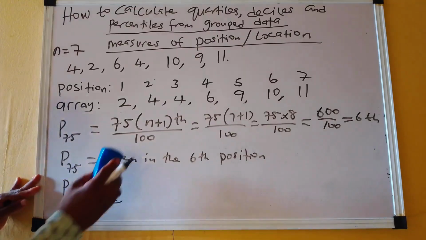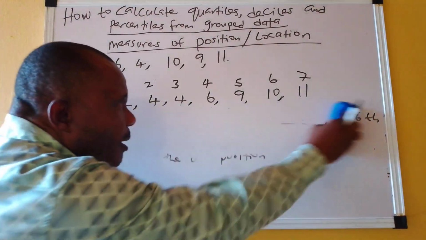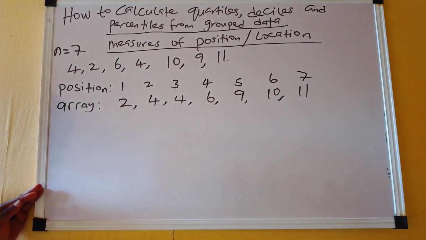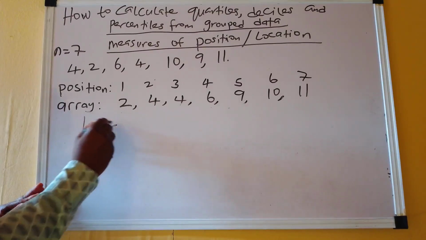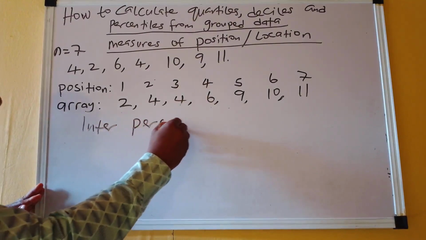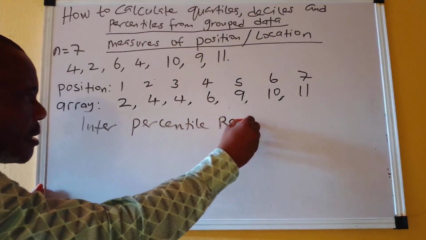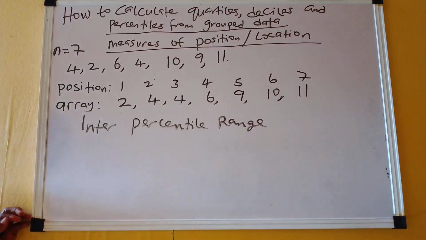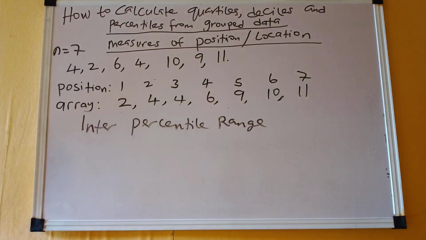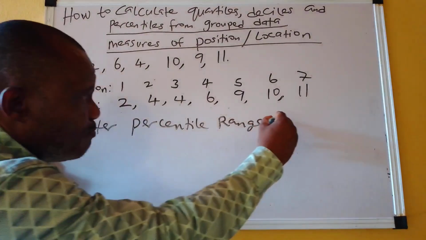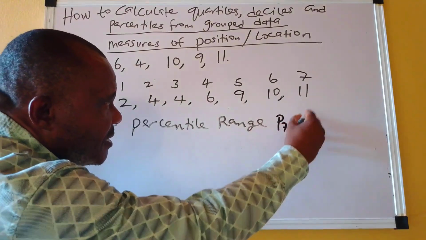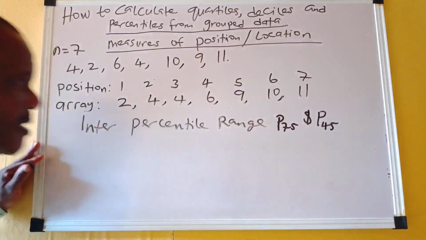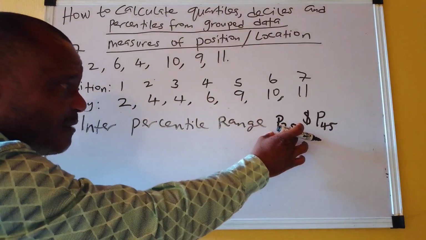Now we want to look at the interpercentile range. For instance, if I want to calculate the interpercentile range for 2 percentiles, maybe between P75 and P45, you will first of all calculate the P75, which is the 75th percentile.